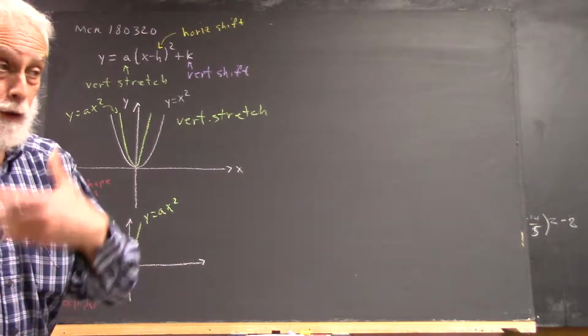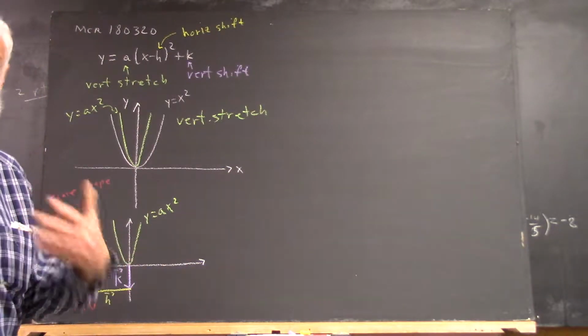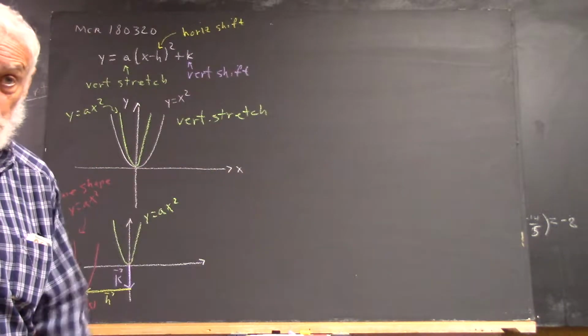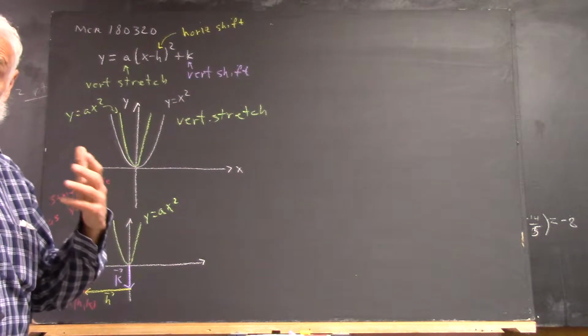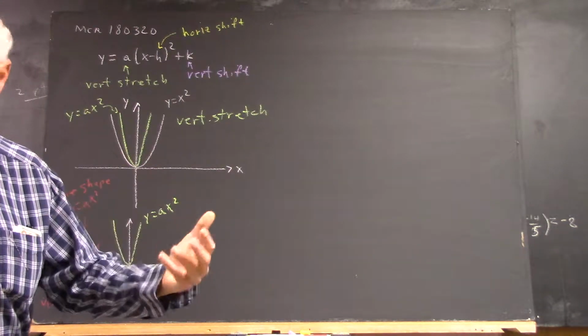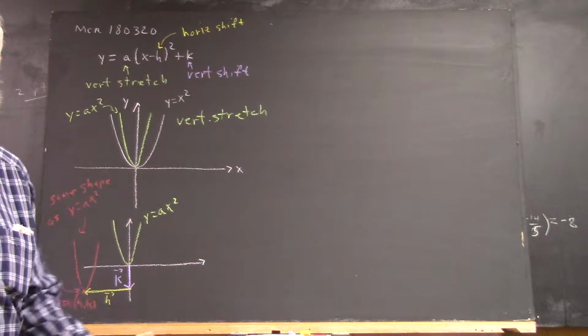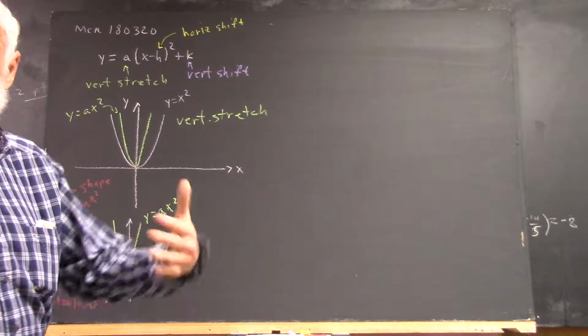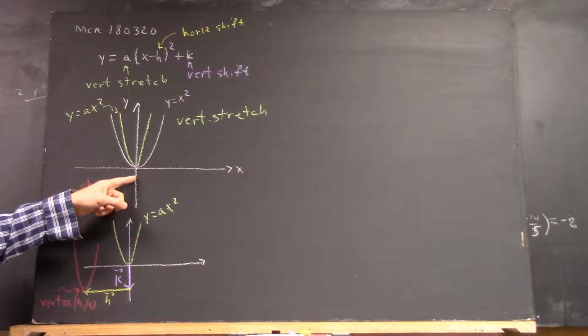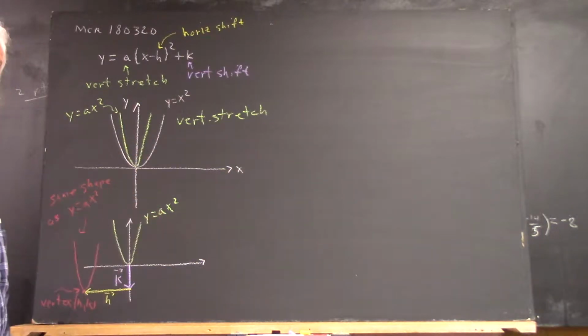And we've done that with the table, and you should understand in terms of just a basic table from -2 to 2 what happens when you multiply your y values by some positive number bigger than 1. If you multiply by a negative number, then all your y values are going to go negative, right? Except for 0, which will stay 0. So the graph would go upside down, right?